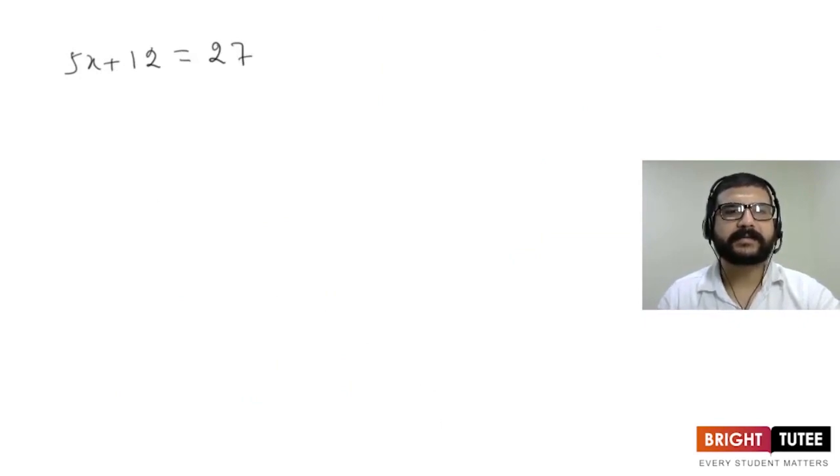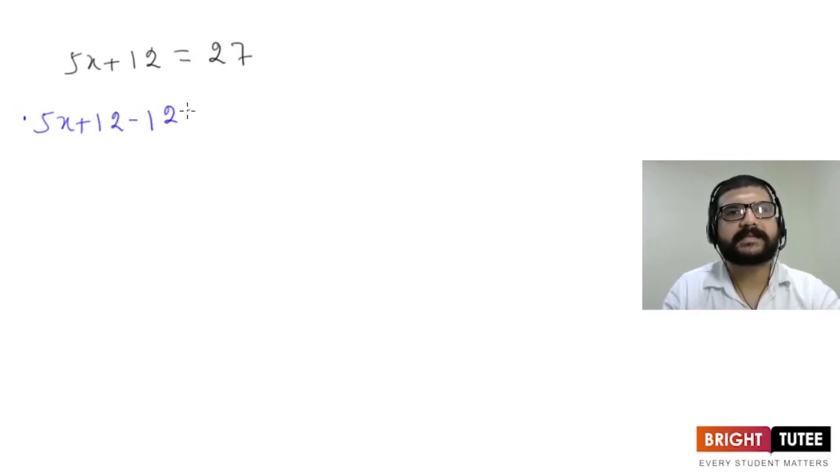Now let's see one more question, which is 5x plus 12 is equal to 27. Now from here we have to find the value of x. So for finding the value of x, what we can do, first we can subtract 12 from both the sides. So by doing that, we will get 5x plus 12 minus 12 is equal to 27.